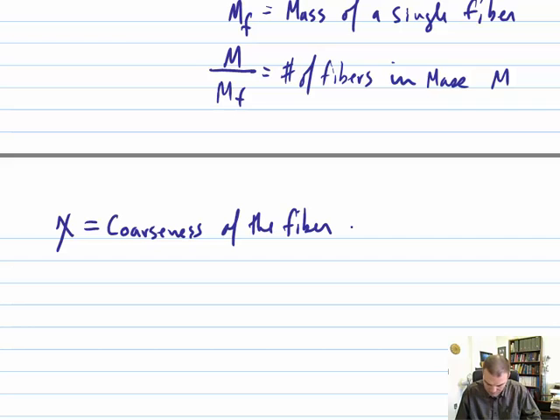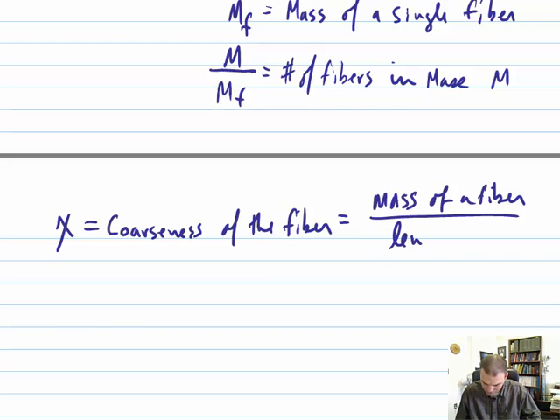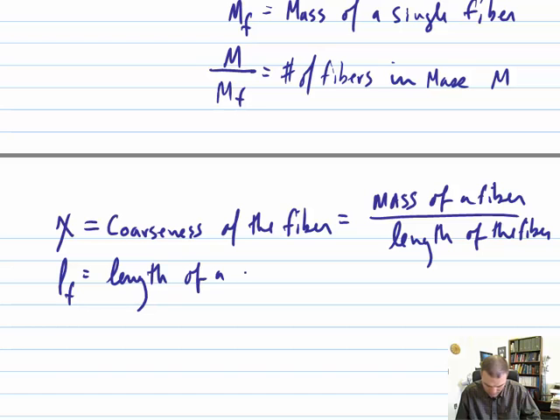The fiber coarseness is equal to the mass of a fiber divided by the length of the fiber. So I'm going to let L sub f equal the length of a single fiber.